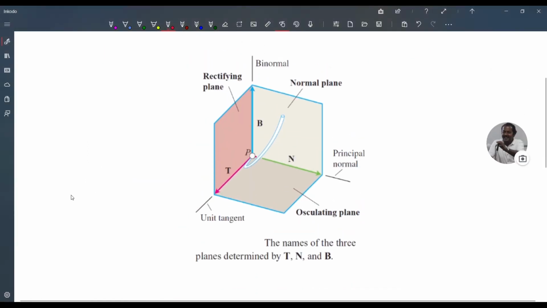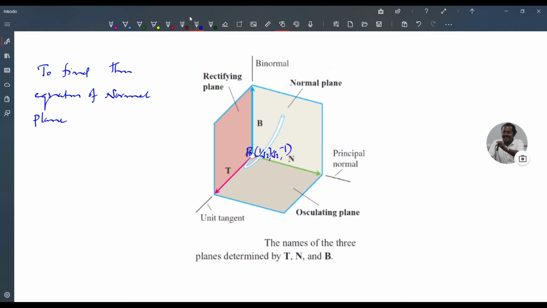Now we find the equation of the normal plane. So you know that P naught equal to 1 by root 2, 1 by root 2, minus 1 is a point on the normal plane, and you know that the normal plane is generated by B and N. So this vector T is orthogonal to the normal plane. Suppose P equal to (x, y, z) is a point on the normal plane.